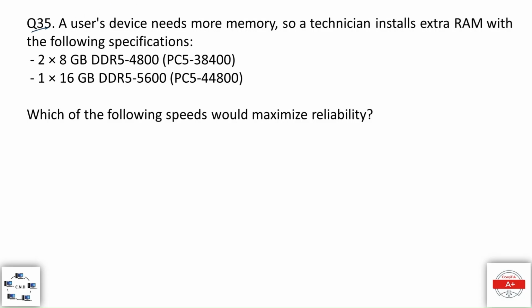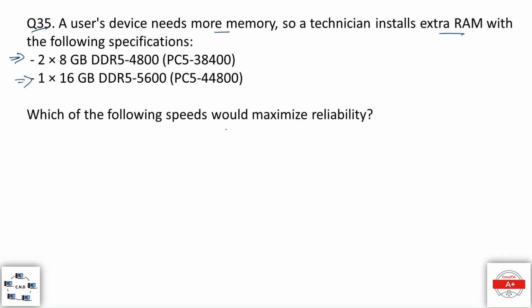Question number 35. A user's device needs more memory, so a technician installs extra RAM with the following specifications: 2 x 8 GB DDR5 4800, that is PC5-38400, and 1 x 16 GB DDR5 5600, PC5-44800.